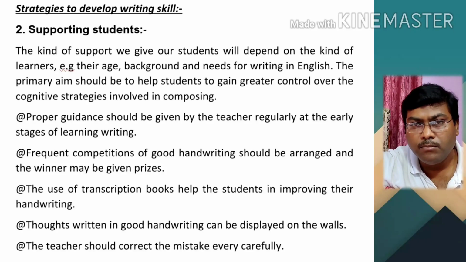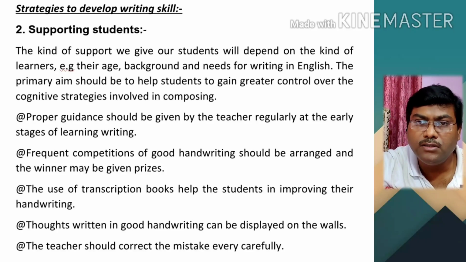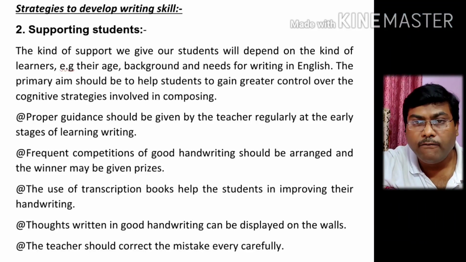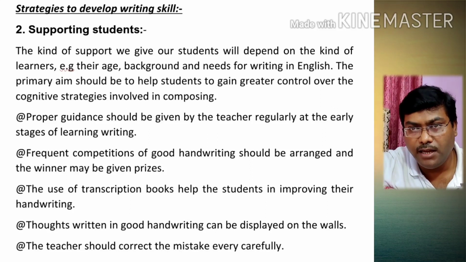First, proper guidance should be given by the teacher regularly at the early stages of learning writing. Understood? Second, frequent competitions of good handwriting should be arranged and the winner may be given prizes. And this is called one type of reinforcement.